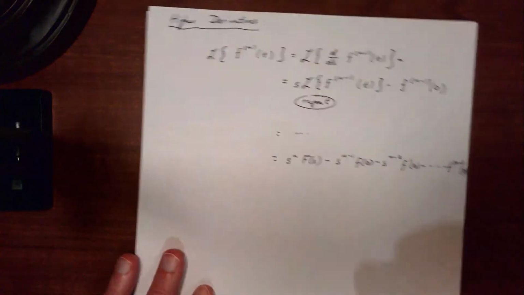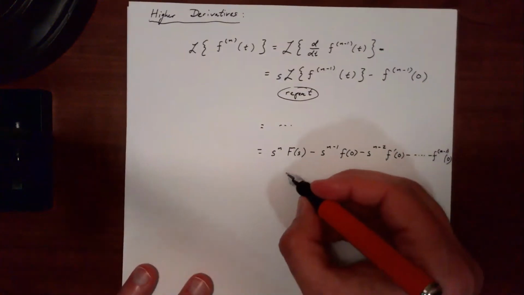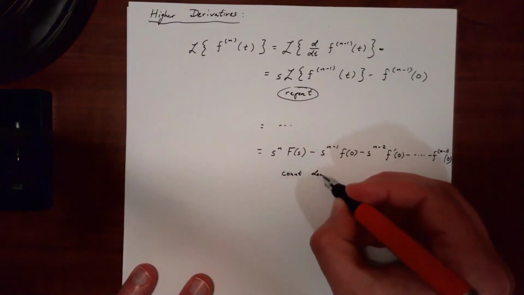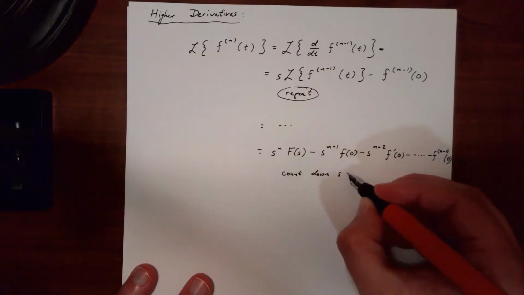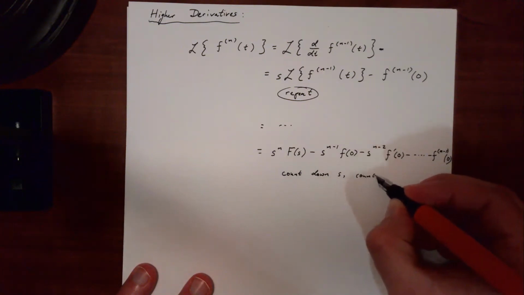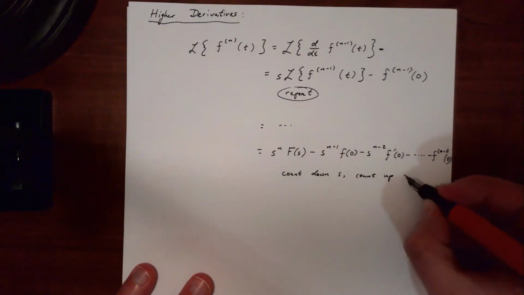So the way I like to remember this formula is that we count down s's, count up derivatives.